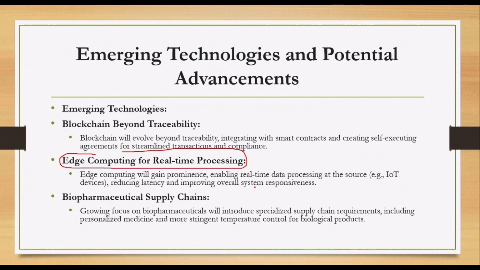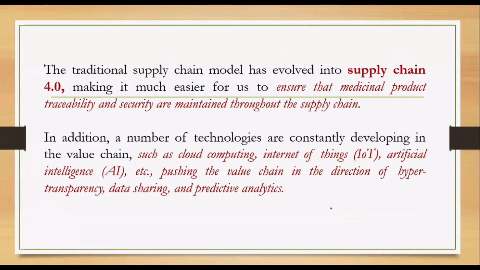Edge computing is going to give you real-time processing, reducing latency and improving overall system responsiveness. Then biopharmaceutical supply chains are also one of the important things coming up, focusing on personalized medicine and stringent temperature control for biological products.